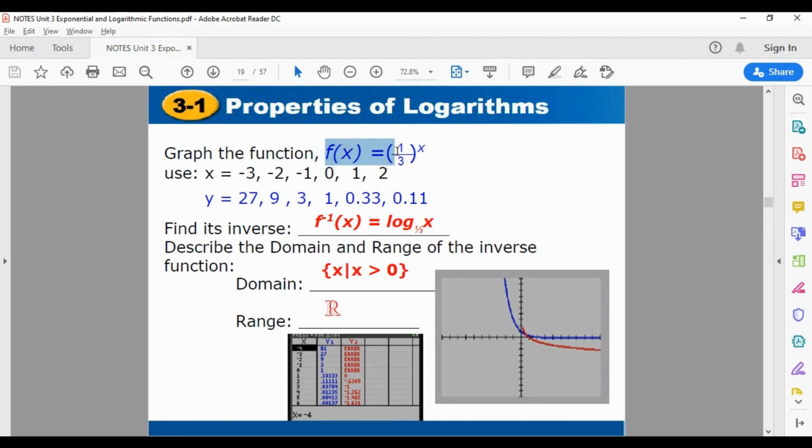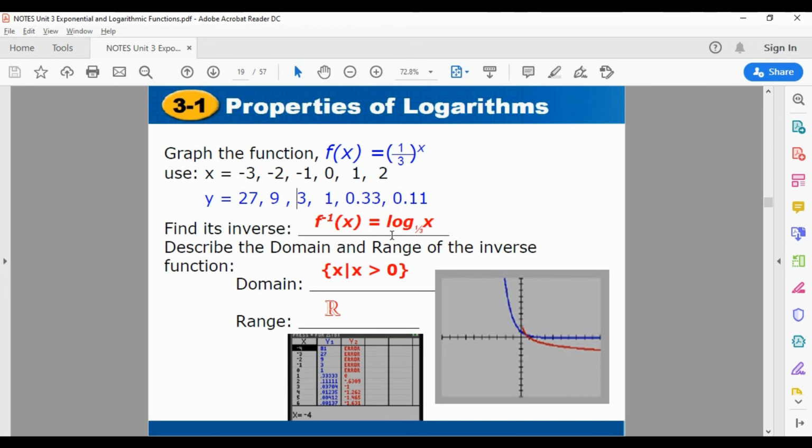If you're given a function and selected values of x, then you need to take each value and plug it into the function. 1/3 to the power of -3 is going to give us 27. This function to the power of -2 gives us 9, -1 gives us 3, and so on. And so then you get this data table, and from this, by accessing the table in the calculator if you graph the function, or by plotting the points, you can eventually generate the graph.